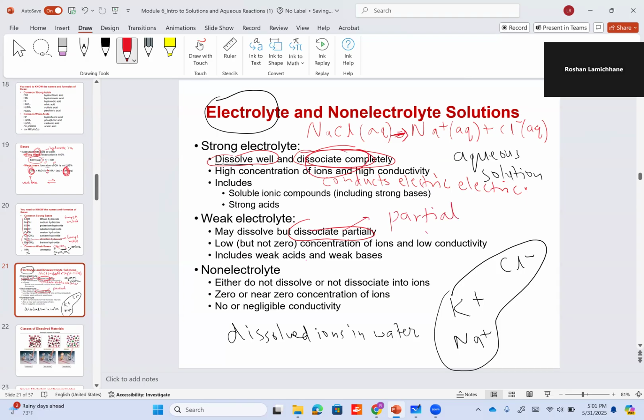Since you have a low amount of ions in that solution, there is low conductivity. Examples of weak electrolytes include weak acids and weak bases. And finally, non-electrolytes are salts or other chemicals that may or may not dissolve in water, but even if they do, they do not dissociate into ions.